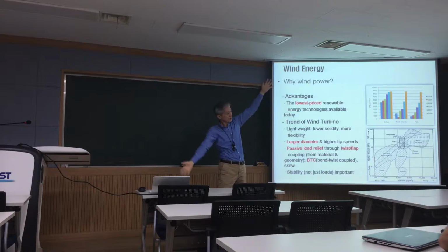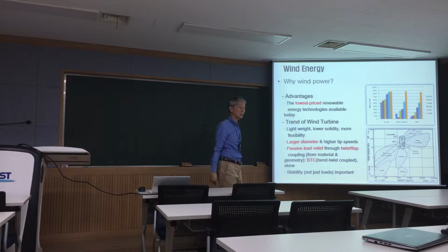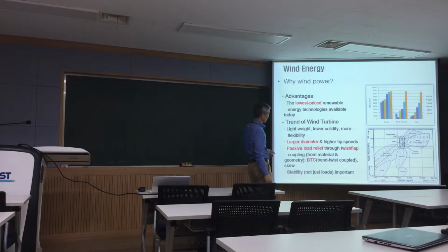Same RPM, tip speed higher. So now they are saying that in the current models of big wind power systems, the tip speed is higher than Mach, the speed of sound, right? You can calculate. Yes. So this is coming together, right?